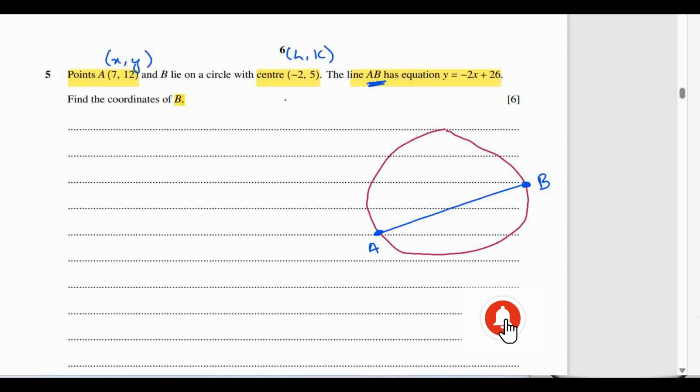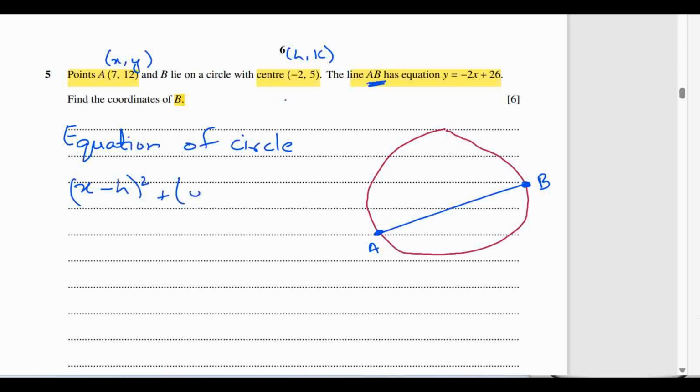The reason behind it is that we have the equation of circle, which will be (x minus h) whole square plus (y minus k) whole square is equal to r square.